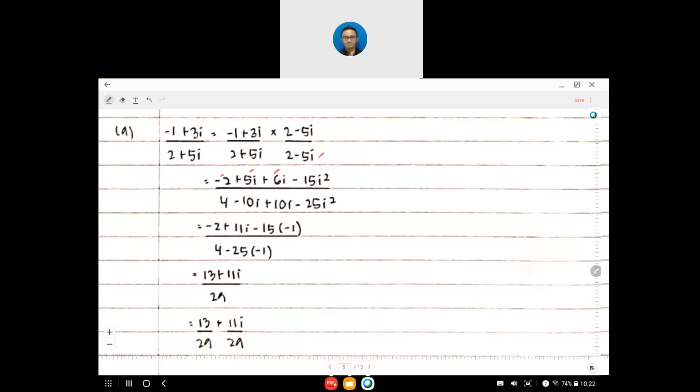And then 6i, negative 15i squared. Okay, and then denominator you have 29. Okay, and then simplify the numerator, you can get 13 plus 11i. Okay, simplify, you can get 13 over 29 plus 11i over 29. Okay, you got it? Can or not? Okay, next.